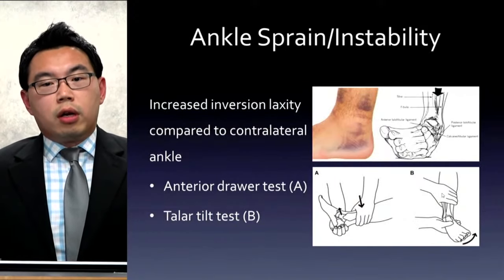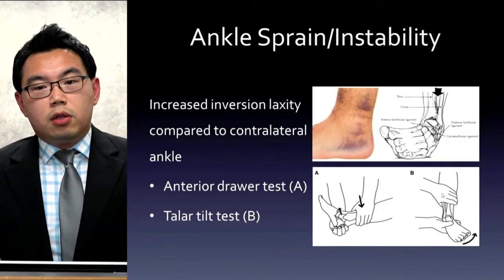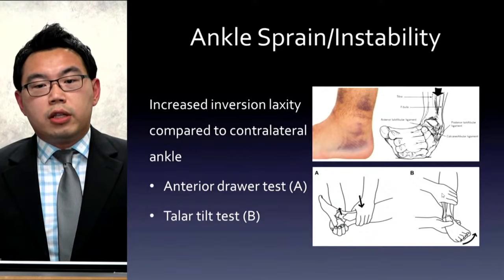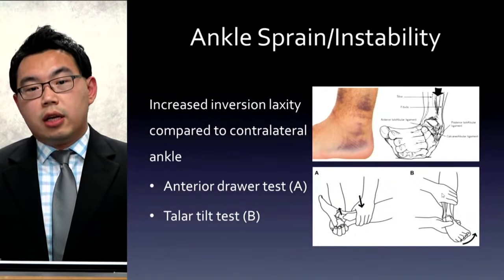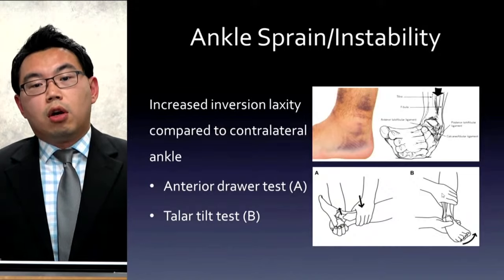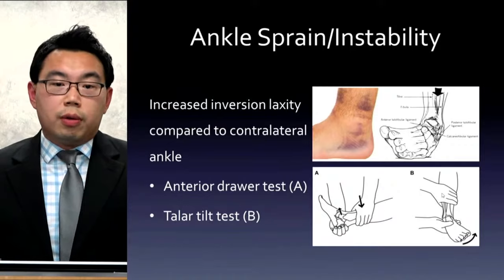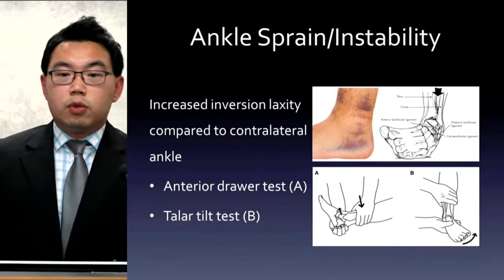And what's important is, ankle sprain and instability are 2 different concepts. Everyone can sprain an ankle, but very few people have a gross instability. What instability means is you actually have increased laxity, meaning that your ligaments are looser after you sprain compared to the contralateral ankle, the other ankle. There are 2 clinical diagnostic tests we do.